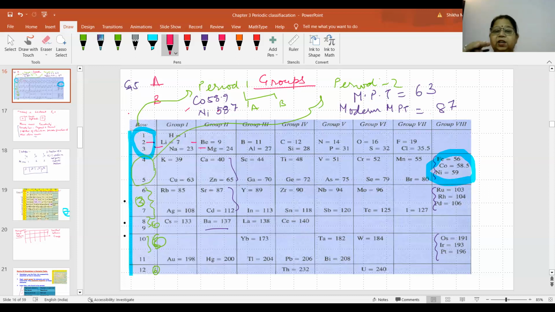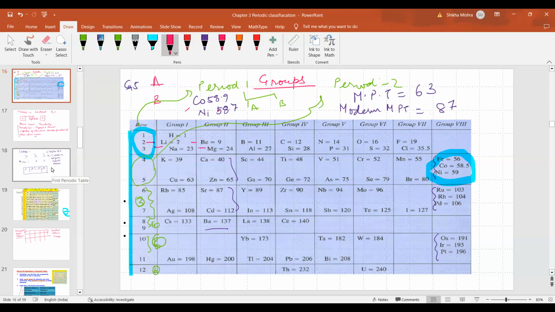Example, please write down cobalt and nickel. We spent 2-3 minutes more on it because it is again a question asked in the exam. Have you all noted down?